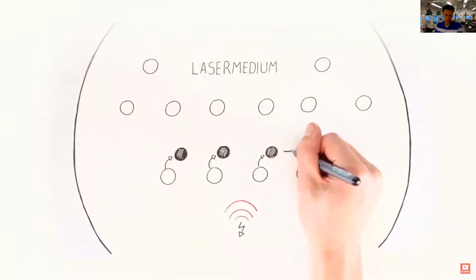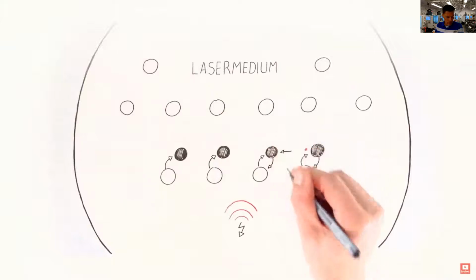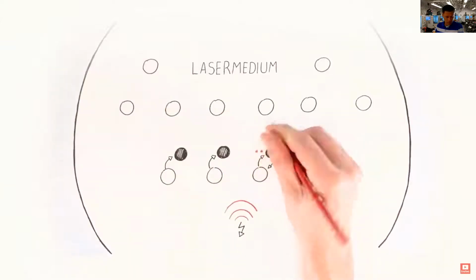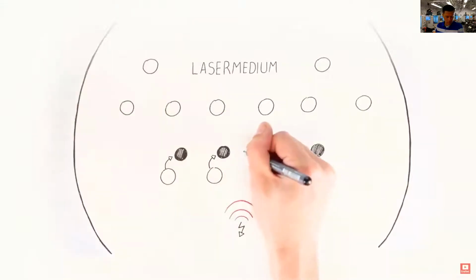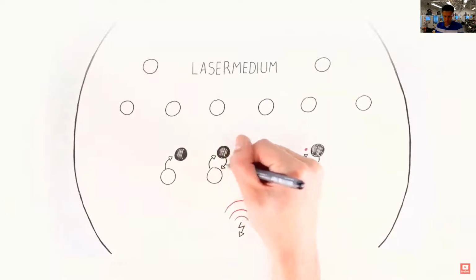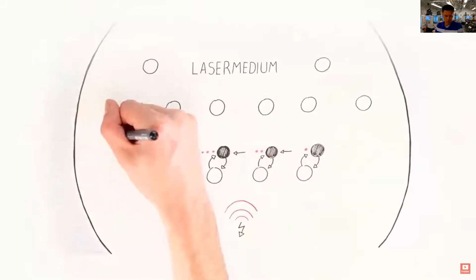If this photon then hits another excited particle, then it's forced back into the basic state, releasing another photon. This is referred to as stimulated emission. If these photons hit other excited particles, then further photons are released, and so on. A sort of photon avalanche is triggered.